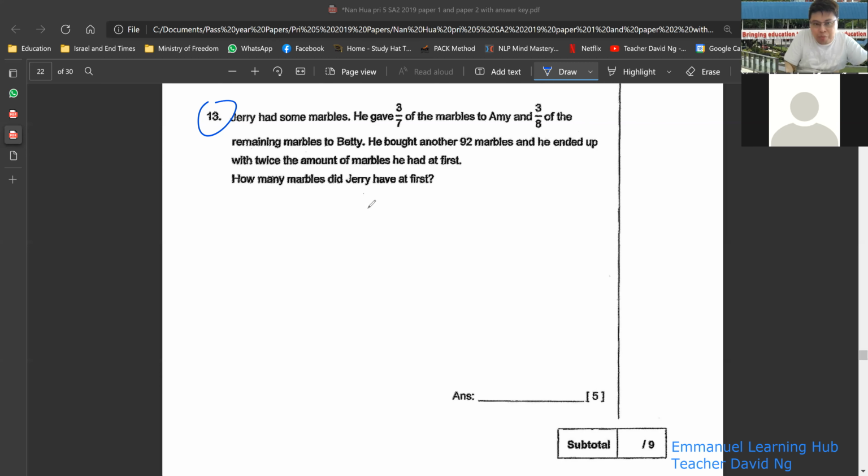For this question, I would suggest you don't need to draw model. How come? Because you're only dealing with fractions, and it's a fraction of the remainder. So imagine Jerry had some marbles.